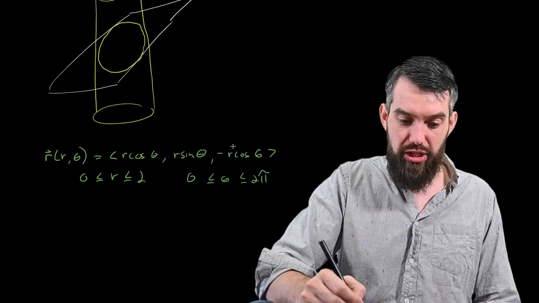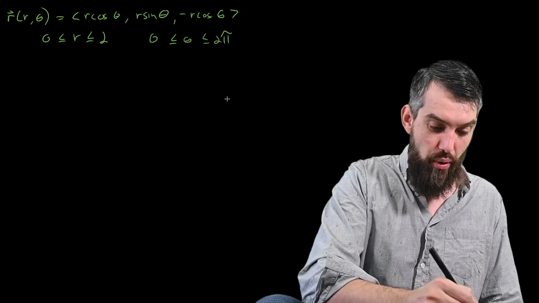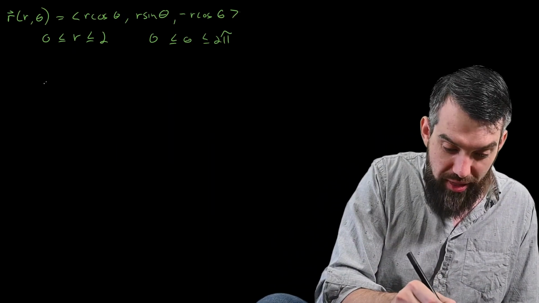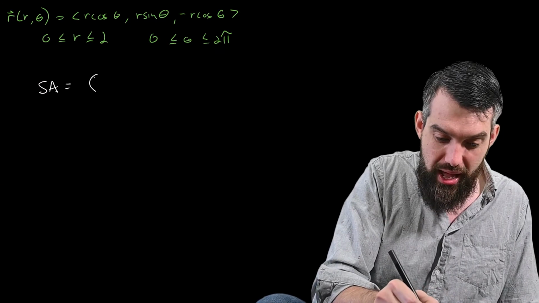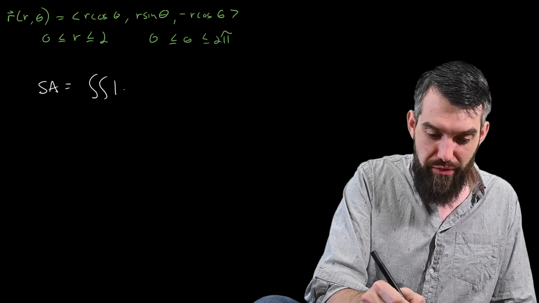Okay, now that I've chosen my key data here, I'm more or less able to run out the computation. Let's first recall that the surface area is a double integral of the magnitude of the cross product.